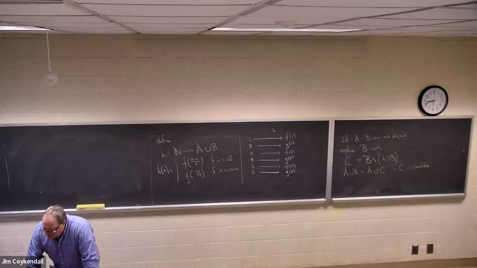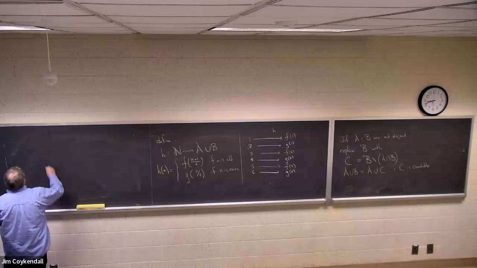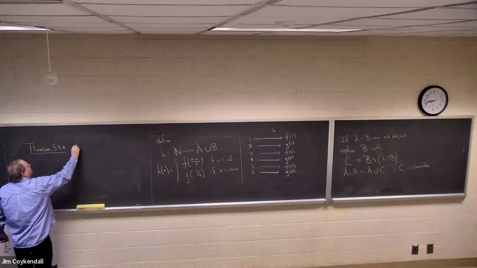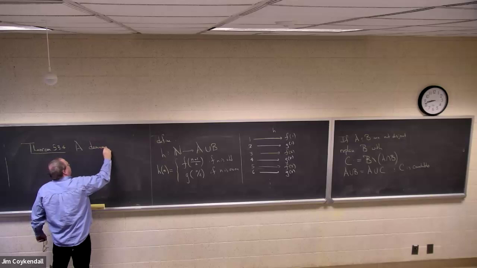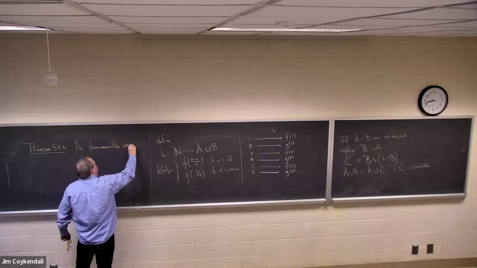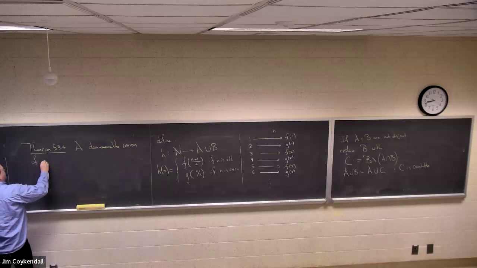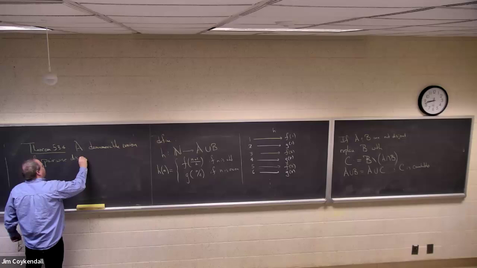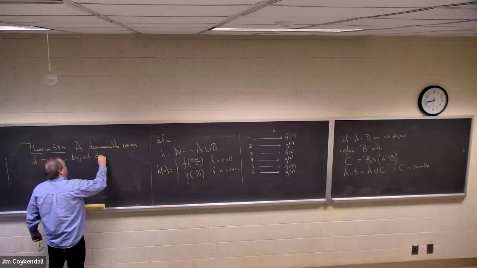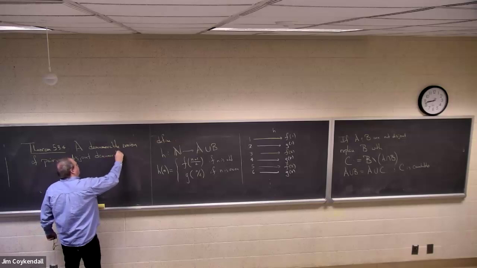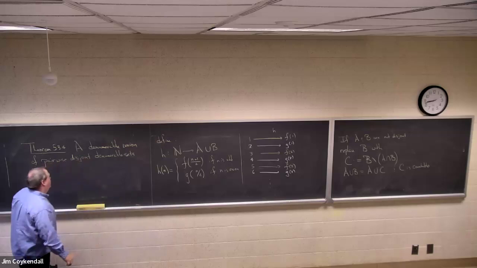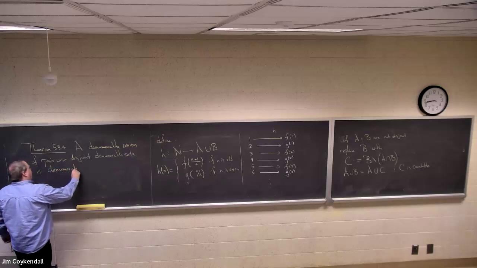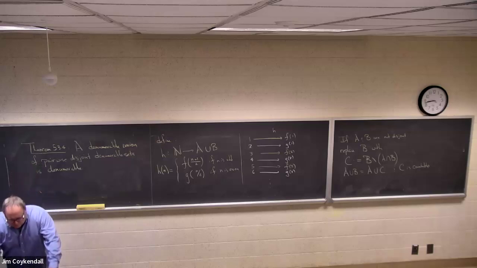A denumerable union of pairwise disjoint denumerable sets is denumerable. So this goes one step further.